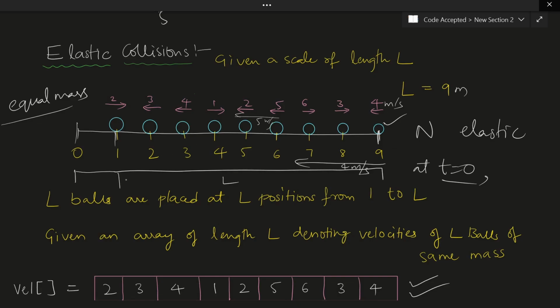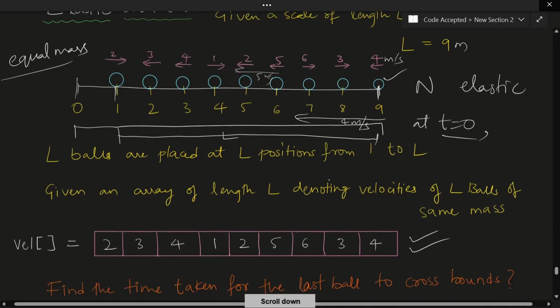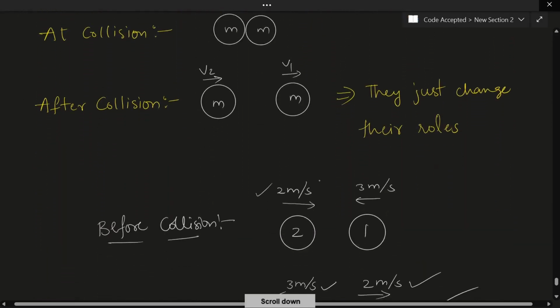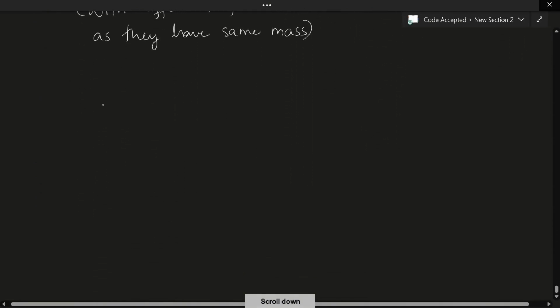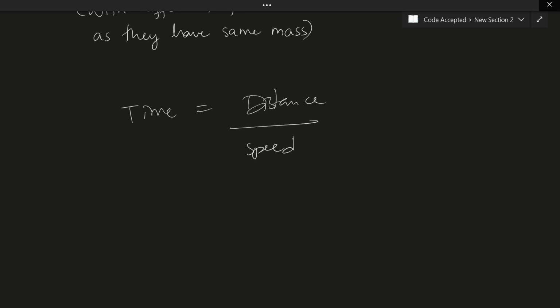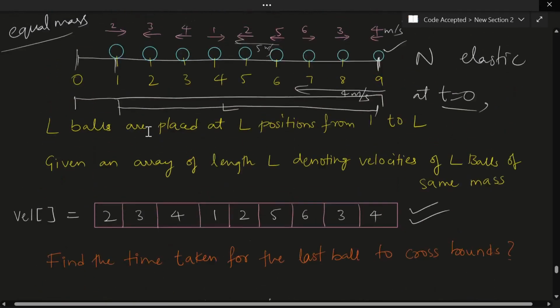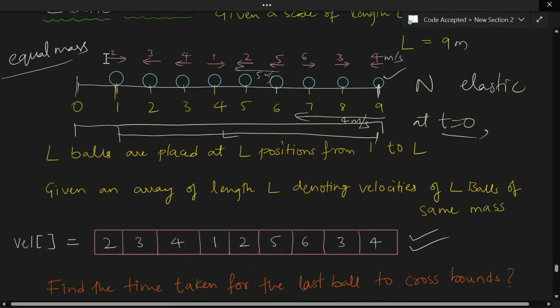You just have to calculate this distance from 1 to 9, which is 8, and I hope you know the speed distance time formula. I'll just write it: time is equal to distance by speed. Here you have the distance and the speed, so you can calculate the time that this ball takes to drop off the table.